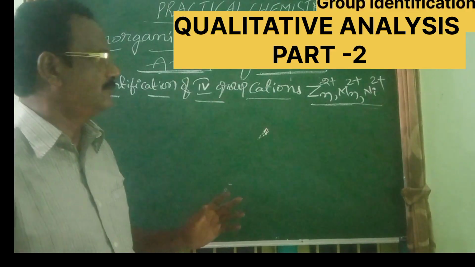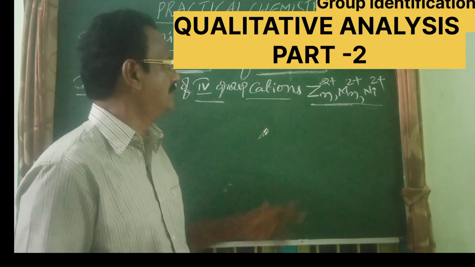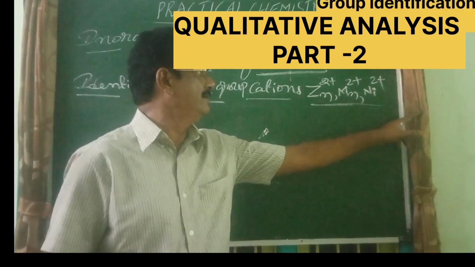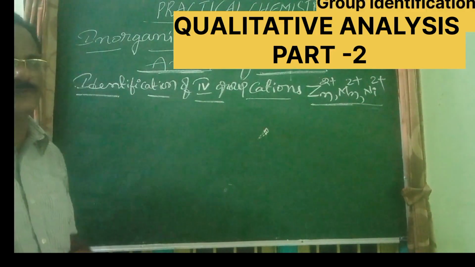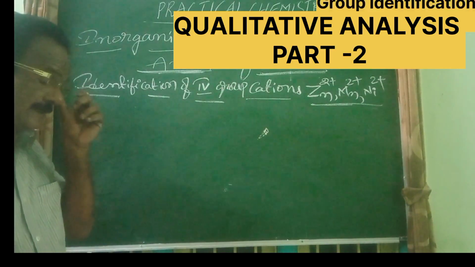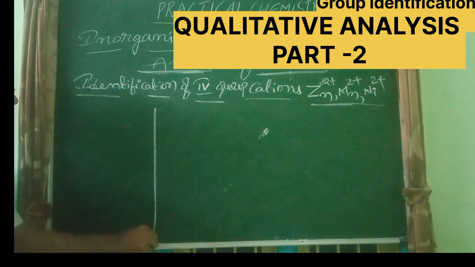The most common fourth group cations given in the laboratories are Zn2+, Mn2+, Ni2+. While analyzing the salt for identification of fourth group cations, the procedure has to follow like this.